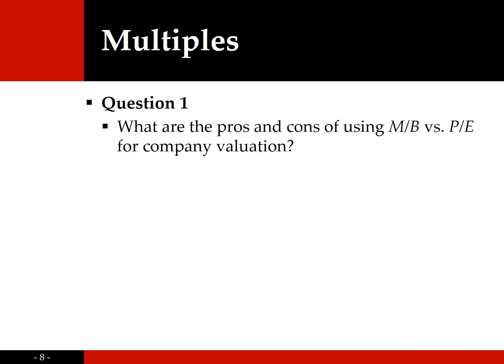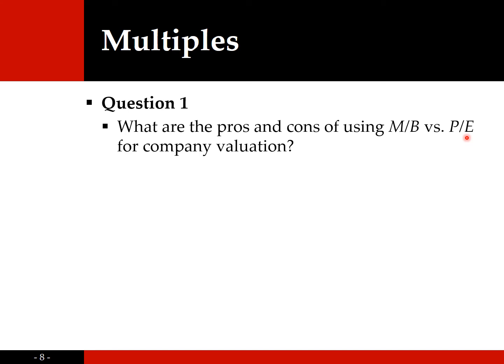And this brings us to the first question of today. Of course, both equity and earnings have some advantages and disadvantages as measures of the magnitude of the company's fundamentals. And therefore, the resulting measures, market to book and price to earnings, will also have some pros and cons.